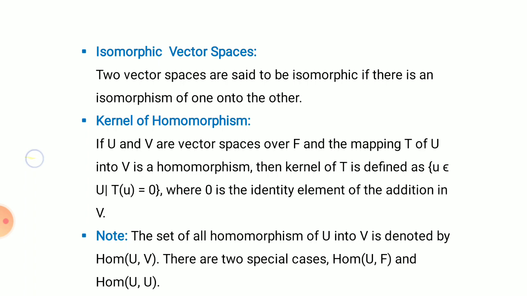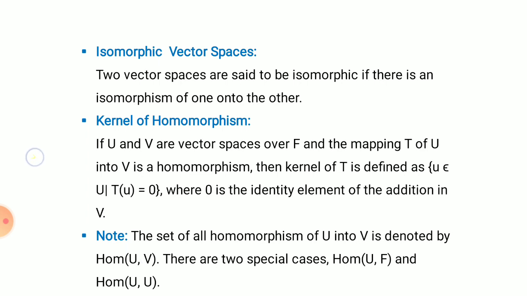Two vector spaces are said to be isomorphic if there exists at least one isomorphism from one onto the other. The set of all elements u belonging to U such that T of u equals 0 is called the kernel of homomorphism T, where T is a homomorphism from vector space U to vector space V and 0 is the identity element with respect to addition.